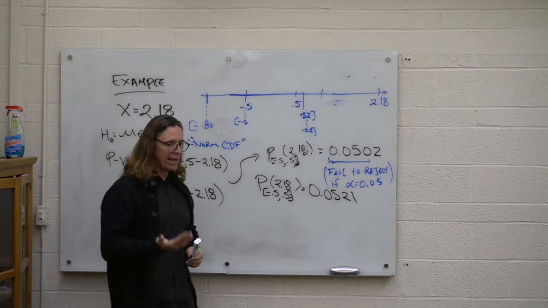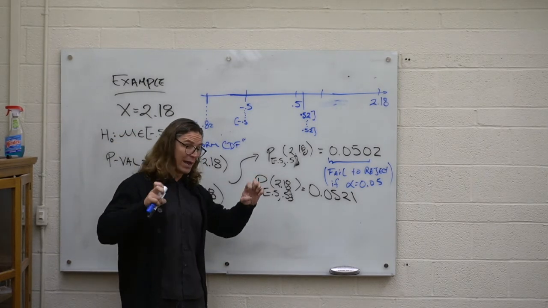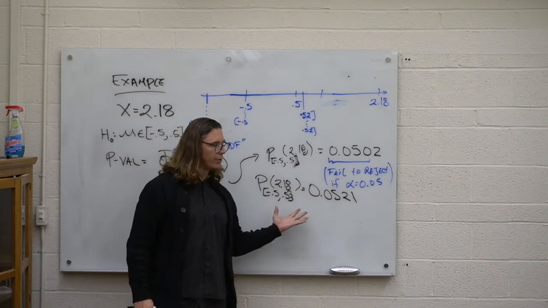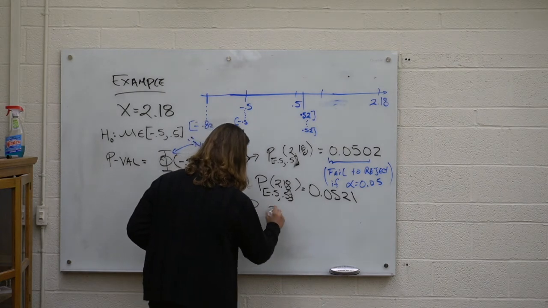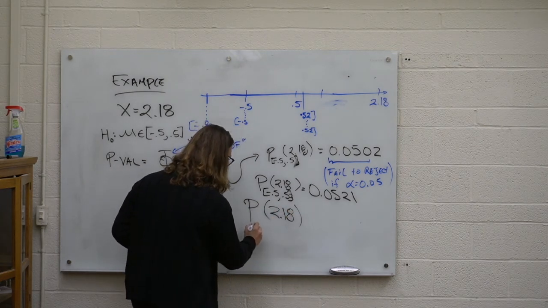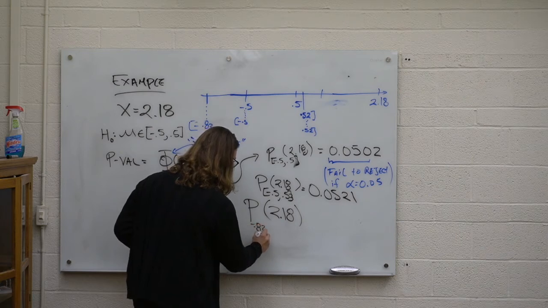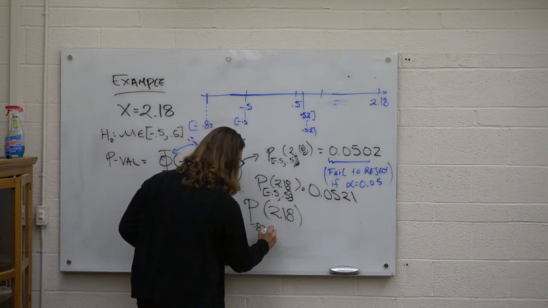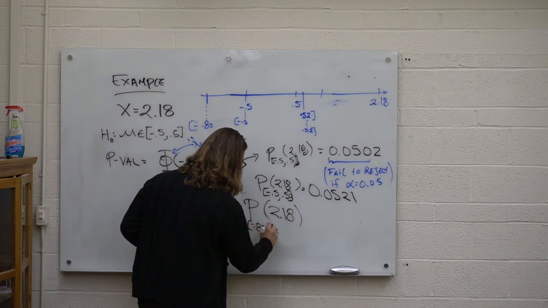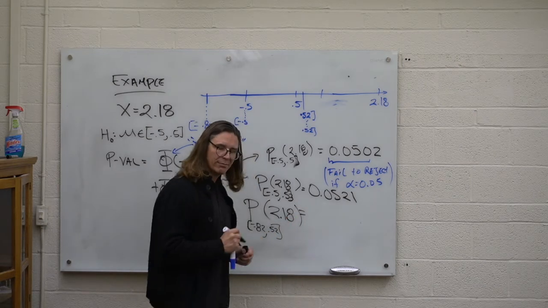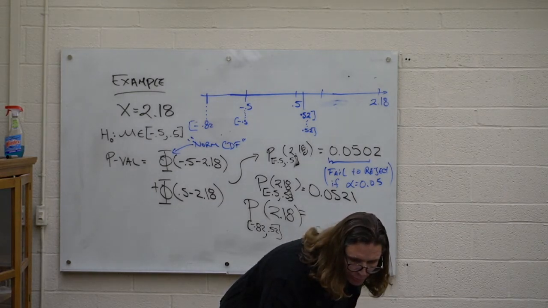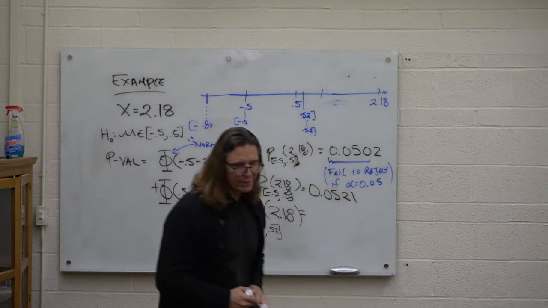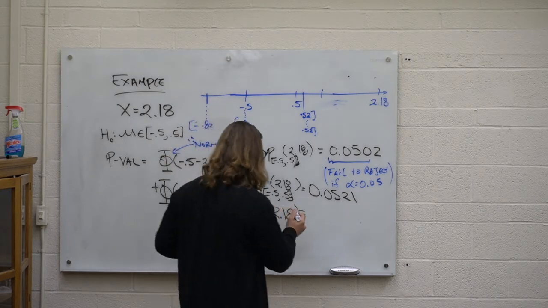And so if the behavior is at least coherent, this sort of increasing should continue to happen. So unfortunately, it doesn't. So 2.18, and I'm going to go minus 0.82 to 0.52. Let me compute this and make sure that I've got the right number. This turns out to be 0.0498.